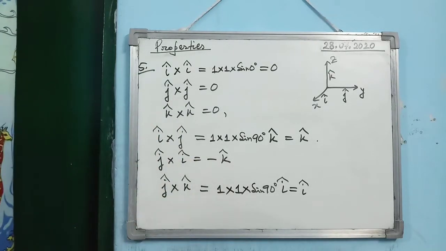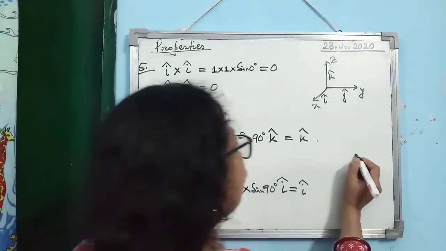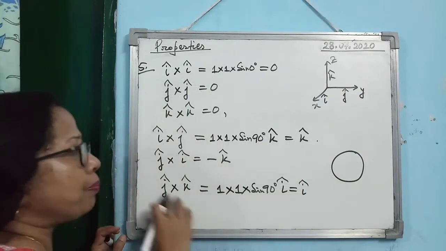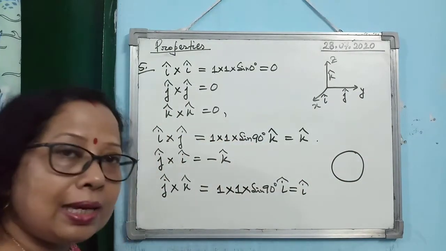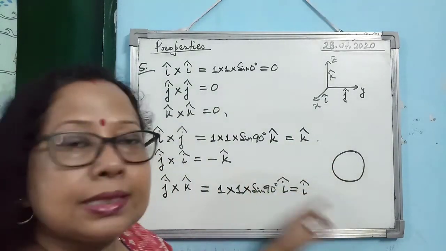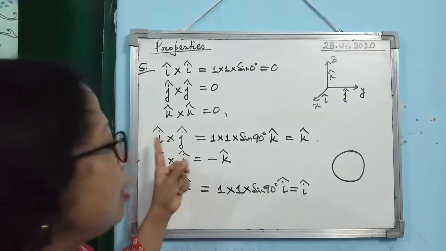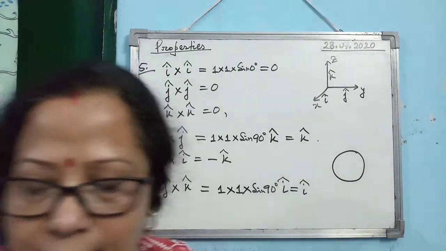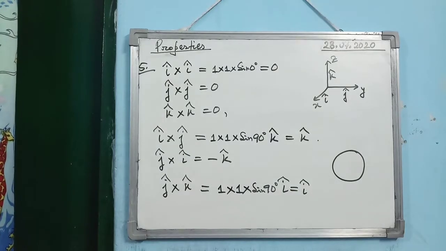Clear to everyone? Now I will show you one trick. If you apply that trick, then you don't have to apply this concept separately because it is time consuming. One can find out very easily the cross product of two vectors. So please just try to understand it.